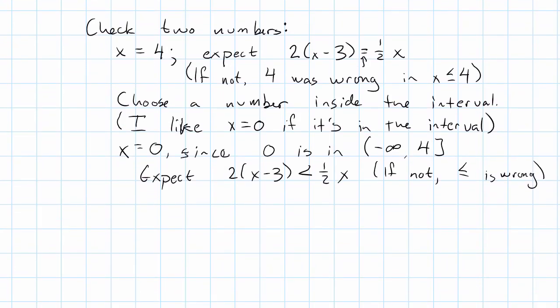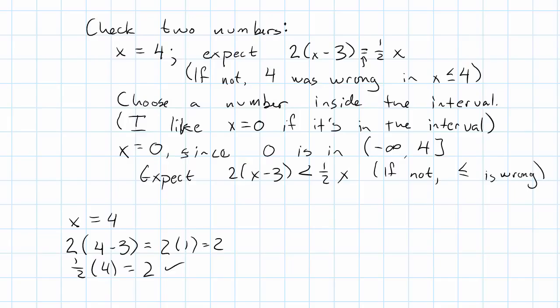Okay, so checking x equals 4, 2 times 4 minus 3 equals 2 times 1 equals 2. 1/2 of 4 equals 2. Those are the same. x equals 0. 2 times 0 minus 3 equals 2 times negative 3 equals negative 6. 1/2 of 0 equals 0.